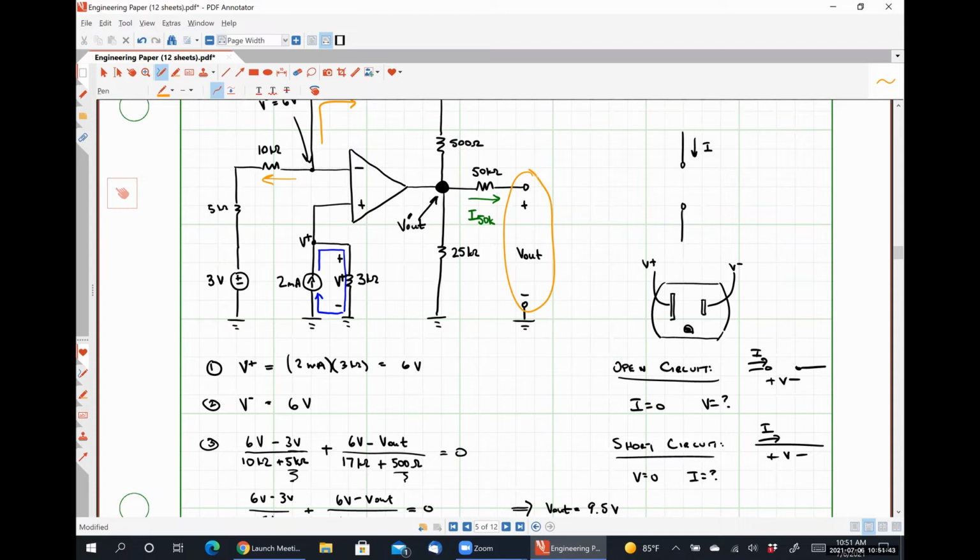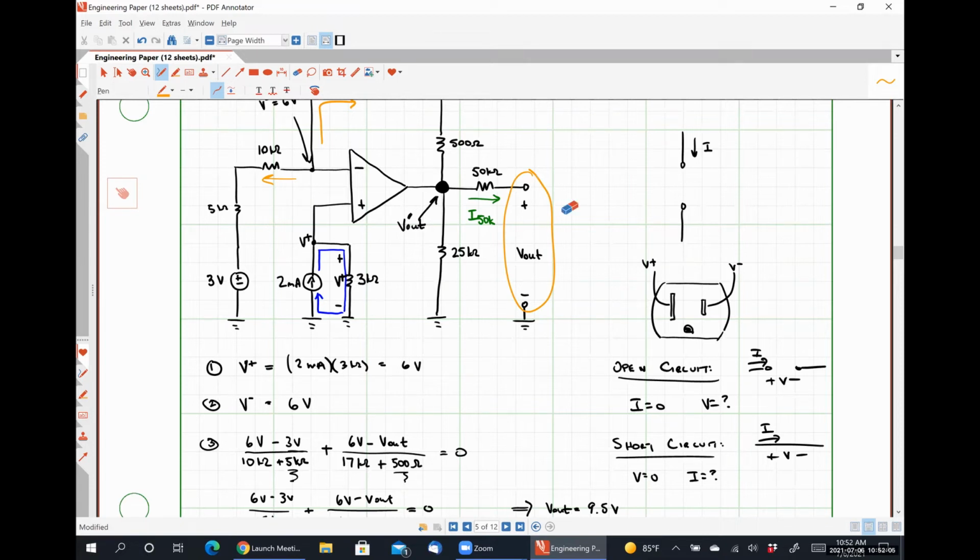That is why V out prime, the voltage at that node, and V out that I've just circled in orange are the same thing, because since no current can flow through the 50 kilo ohm resistor, a simple application of Kirchhoff's voltage law would tell us that those are the exact same things.